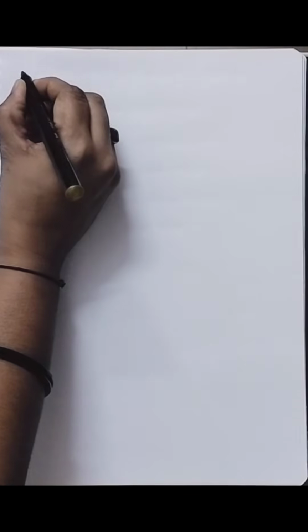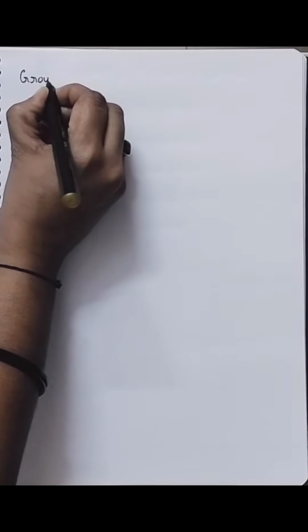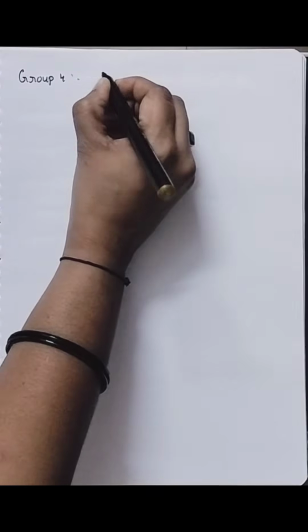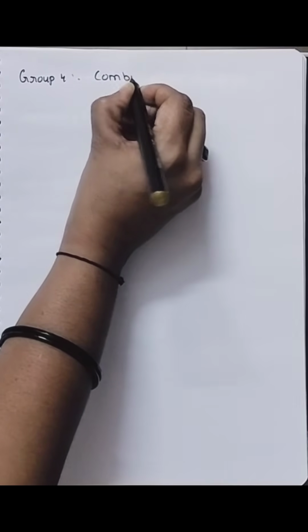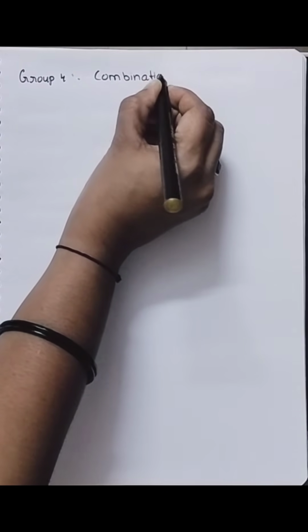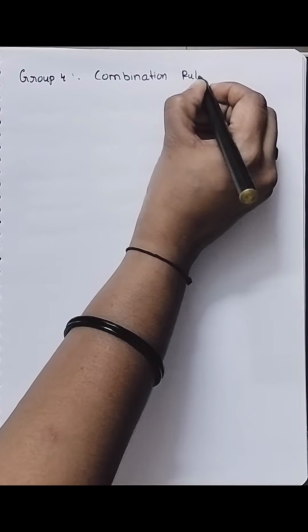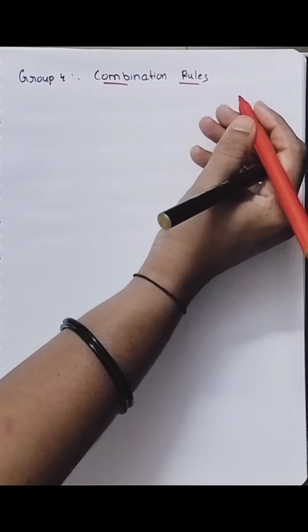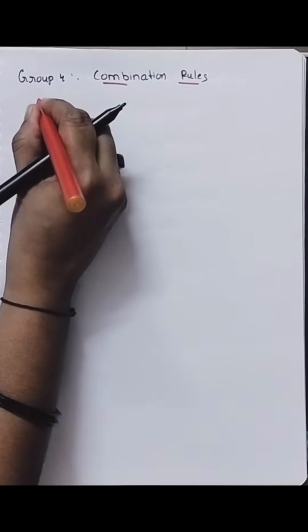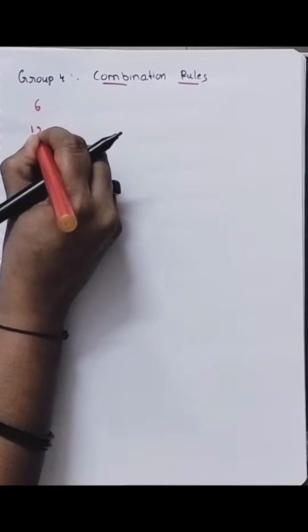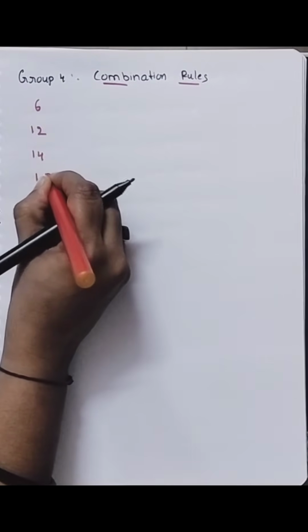Next, the group 4. So what is group 4? That is the combination rules. So what do we mean by combination? A combination of any two numbers, we can say, is a combination rule. The numbers that come under it are 6, 12, 14 and 15.